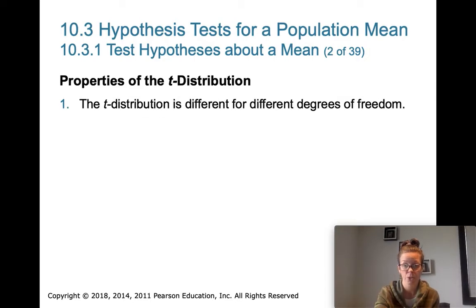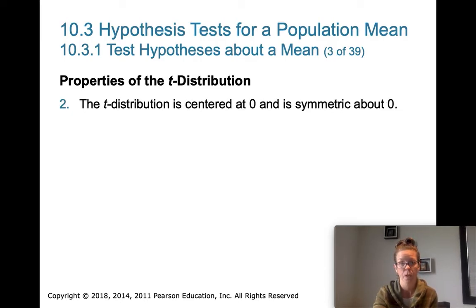So remember, some reminders about the t-distribution from the last chapter: it is different for different degrees of freedom, and those degrees of freedom are based off of our sample size. It's one smaller than our sample size. So if we have 34 in our sample, then we have 33 degrees of freedom. It's centered at 0 and symmetric about 0, just like z is.